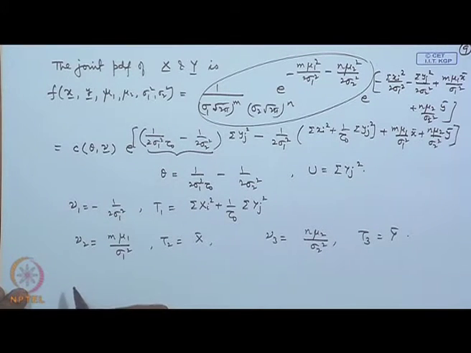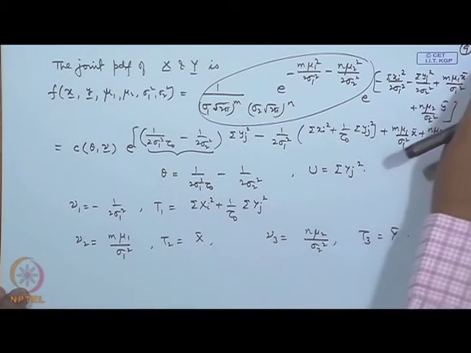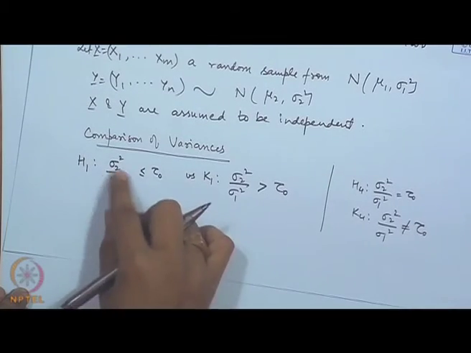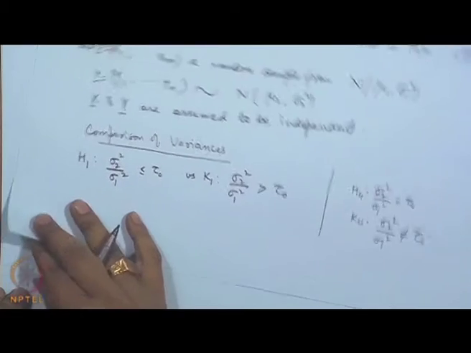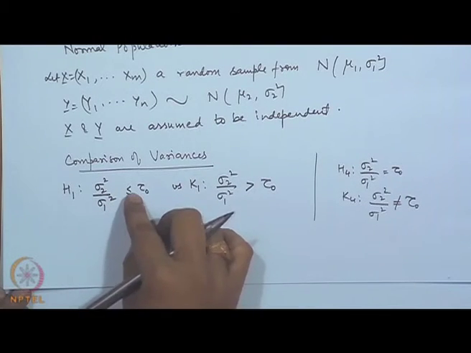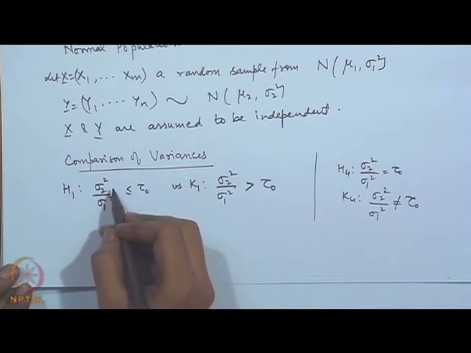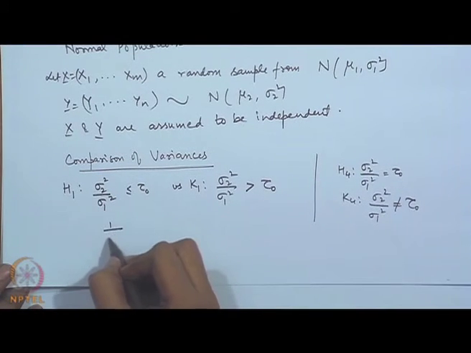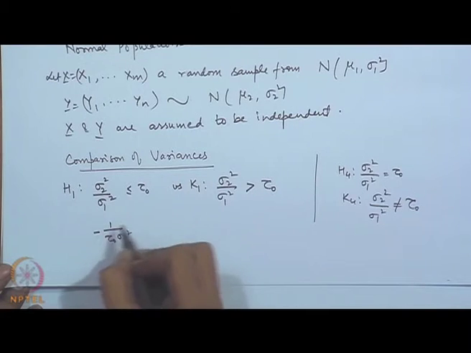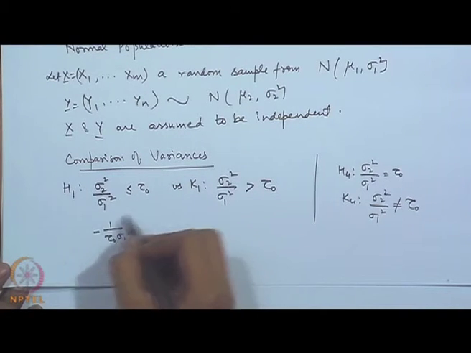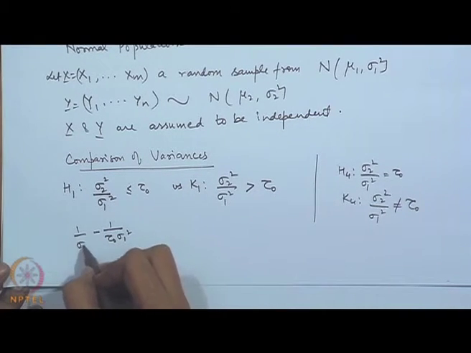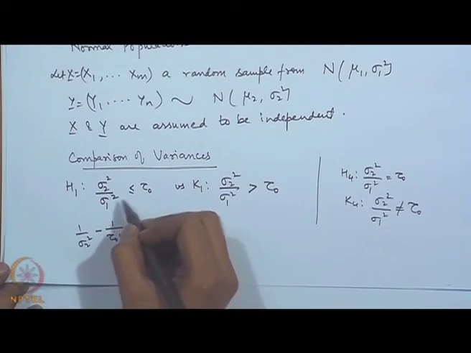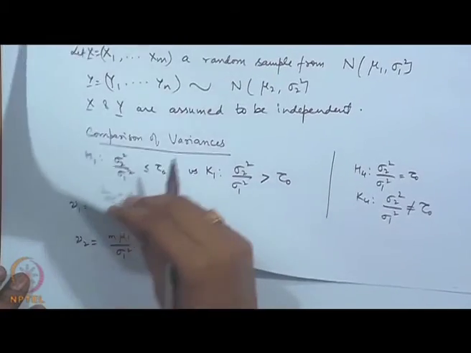So, if I am considering the testing problem, say H 1, that is sigma 2 square by sigma 1 square less than or equal to tau naught, we can express it as 1 by tau naught sigma 1 square, and I divide here. So, 1 by sigma 2 square, and I put 2 here.